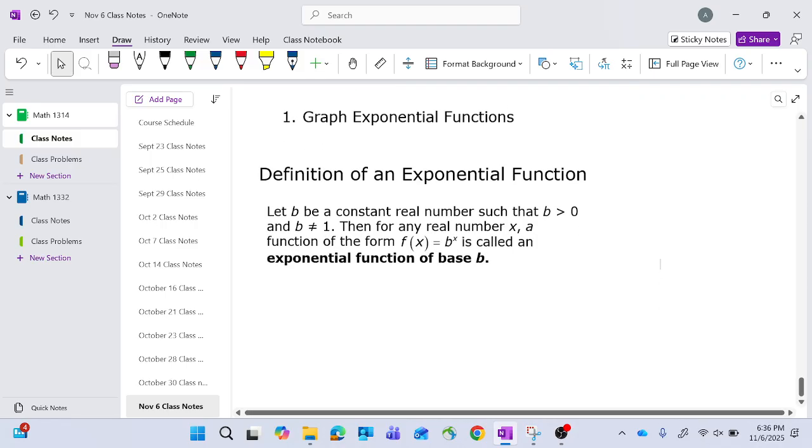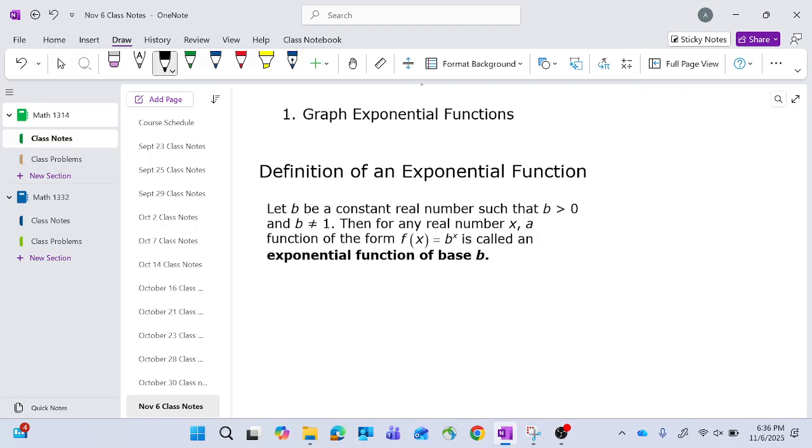Again, this is really complicated. Essentially, what it is, f of x equals some number raised to the power of x. So, like 2 to the x is an exponential function, 3 to the x, 5 to the x, one third to the x. Anything raised to a power of x, that is an exponential function. And it's called exponential because the x is in the exponent. I guess that's the best way to say it.